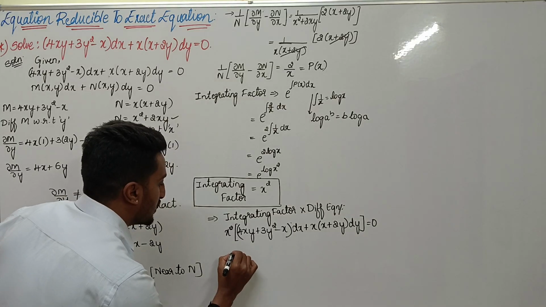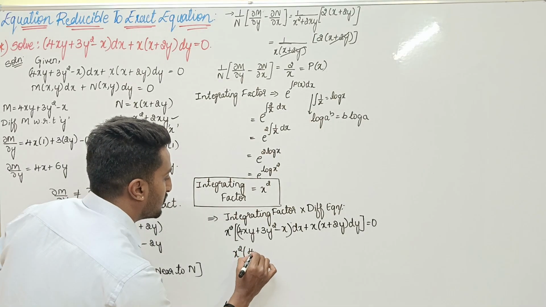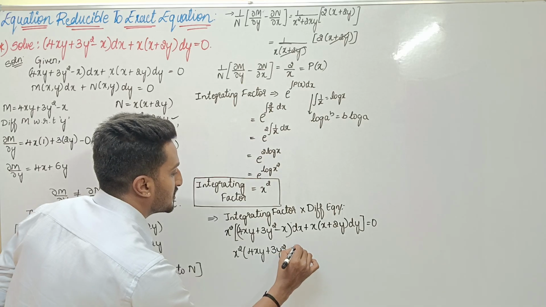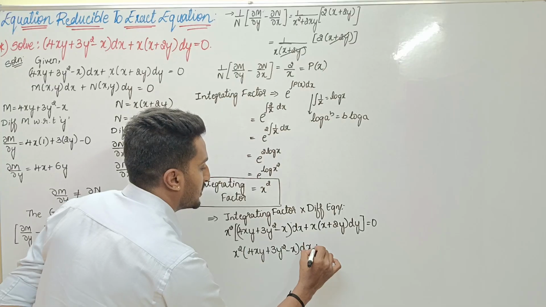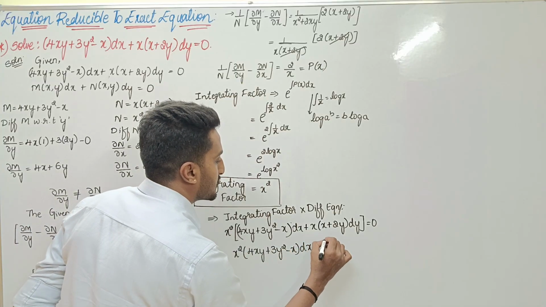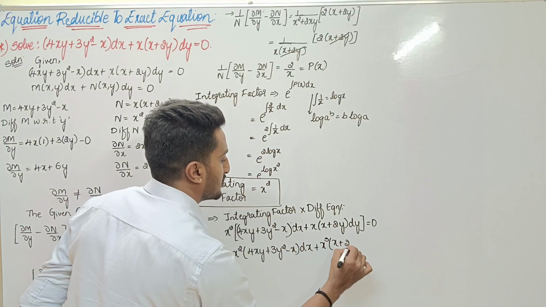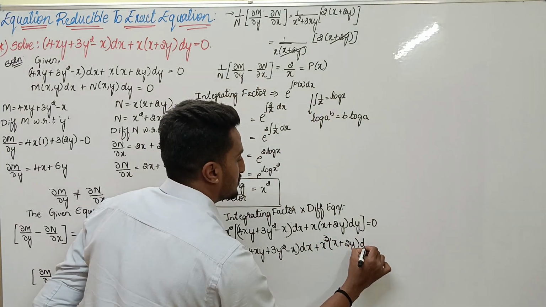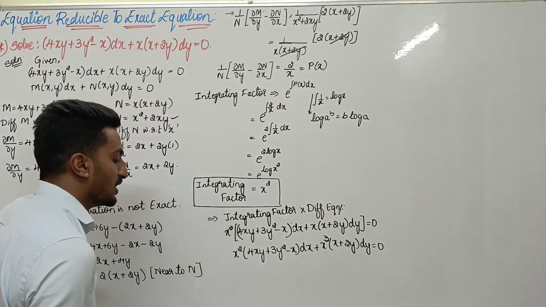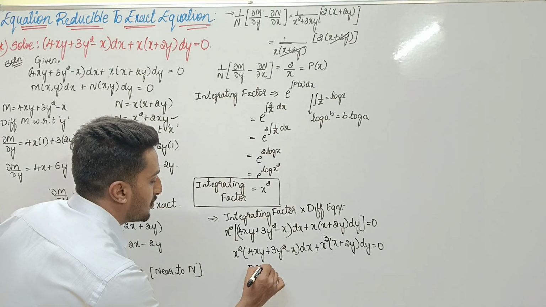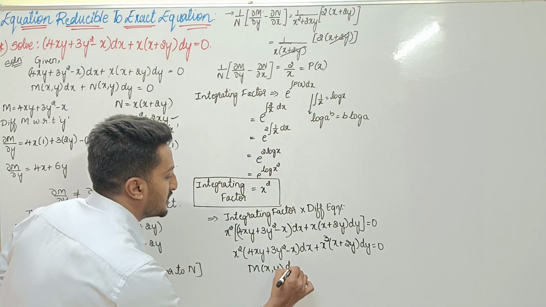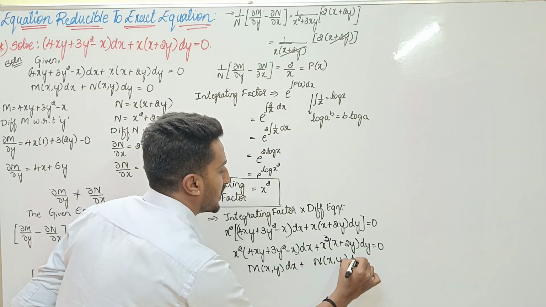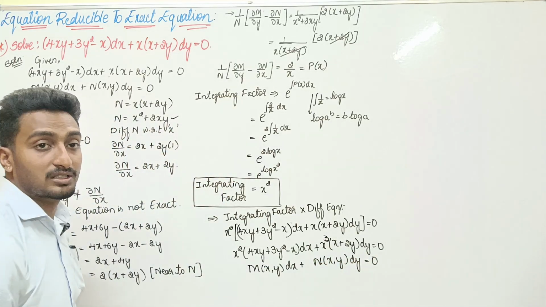So what happens? x square into 4xy plus 3y square minus x dx plus x into x square, you get x cube, x plus x cube, let us represent it as x cube, 2y into dy equal to 0. Now, this is of the form m of x comma y dx plus n of x comma y dy equal to 0. Got the point?